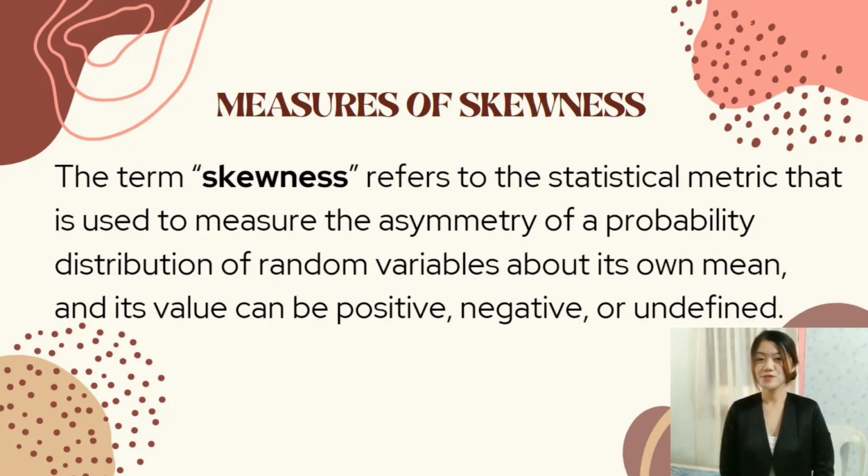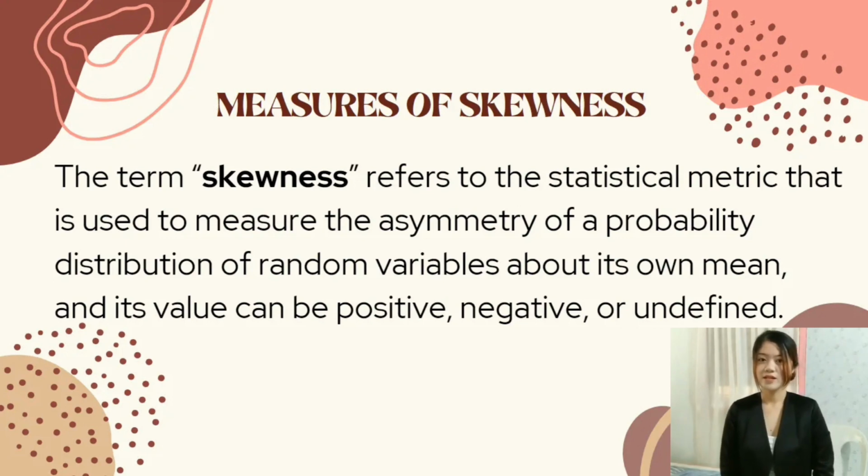The term skewness refers to the statistical metric that is used to measure the asymmetry of a probability distribution of random variables about its own mean, and its value can be positive, negative, or undefined.